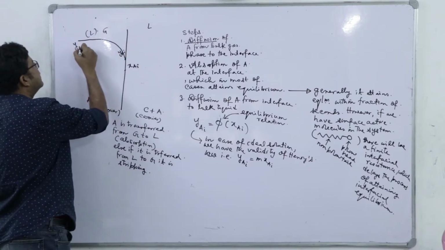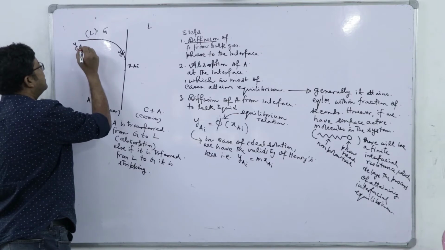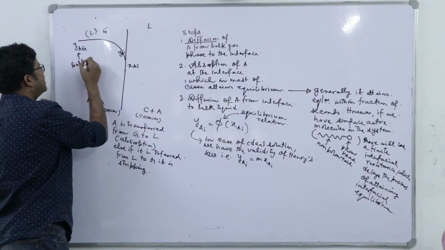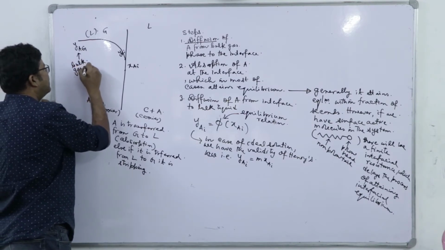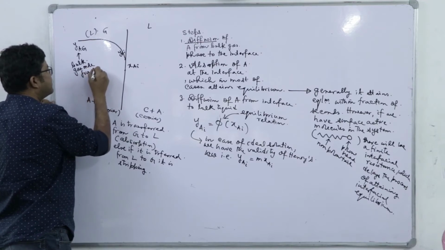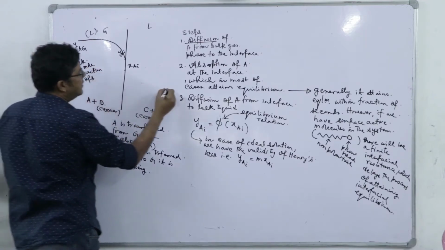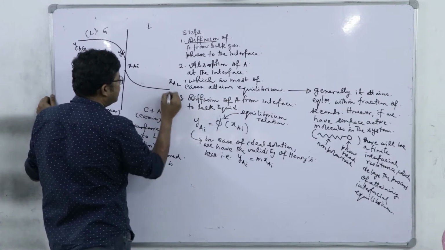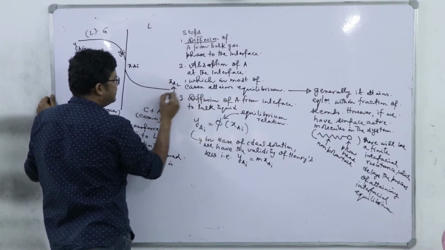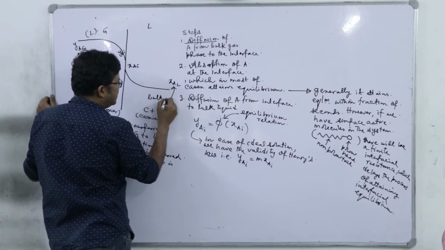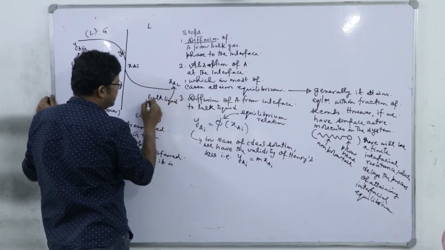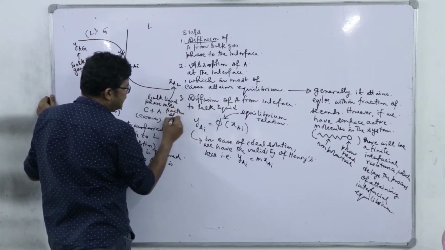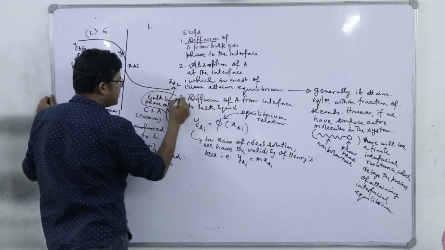So, this is YAG, that is the bulk gas mole fraction of A, and here we will have XAL, right. This XAL represents the bulk liquid phase mole fraction of A.